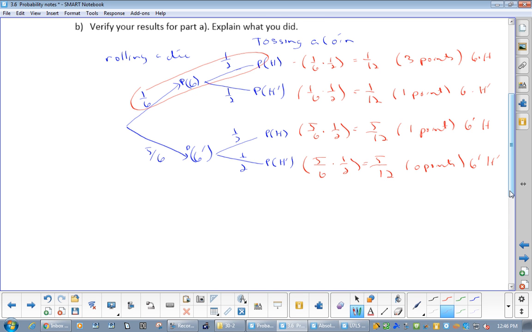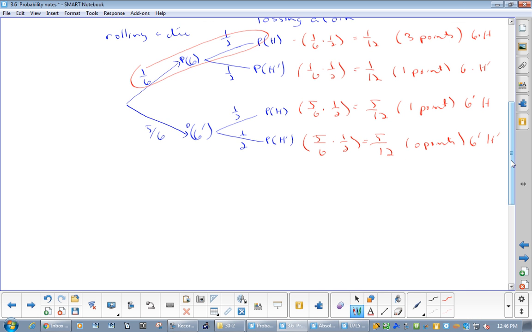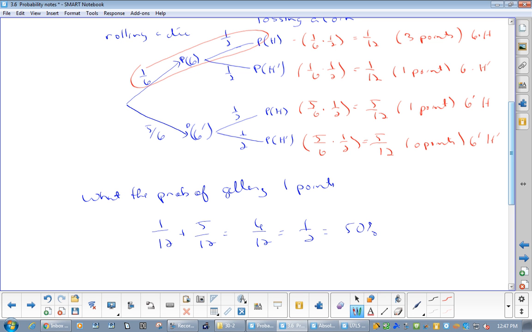But let's change it, so let's just ask some questions you might get on the problem. What's the probability of getting 1 point? So that would be 1/12 plus 5/12, which is 6/12, which is 1/2, which is 50%.